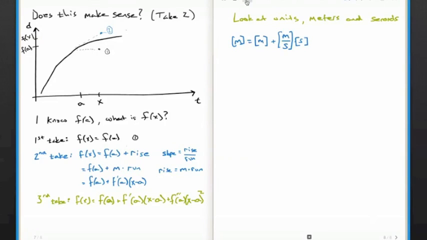Well, for our third take, which we went back in green, I want meters equals meters, which was just my original f of a, plus meters per second times seconds, plus, if I take the second derivative, I'm looking at the change in meters per second for the change in time, right?